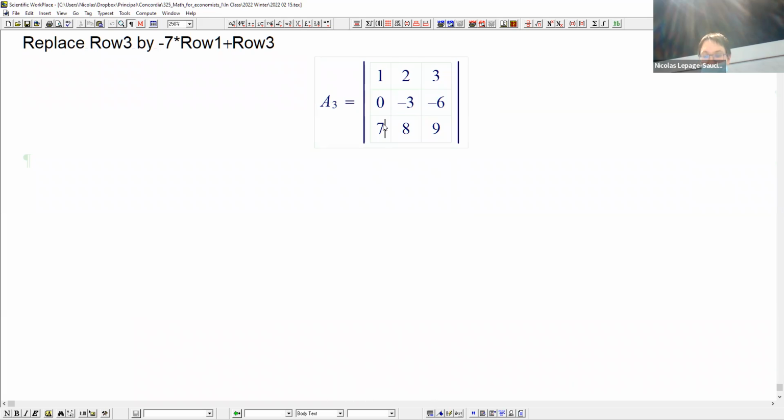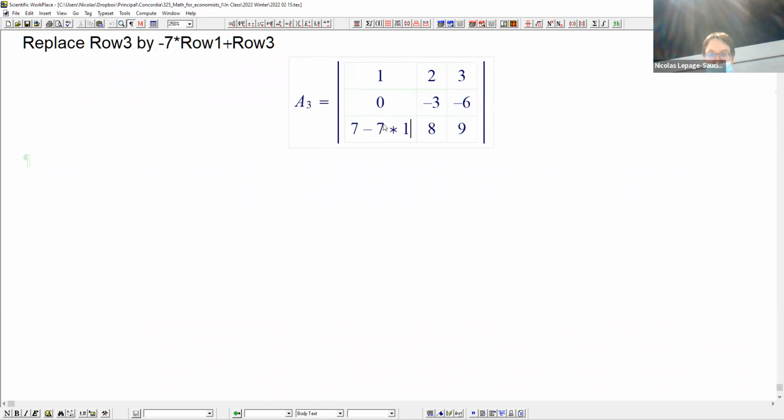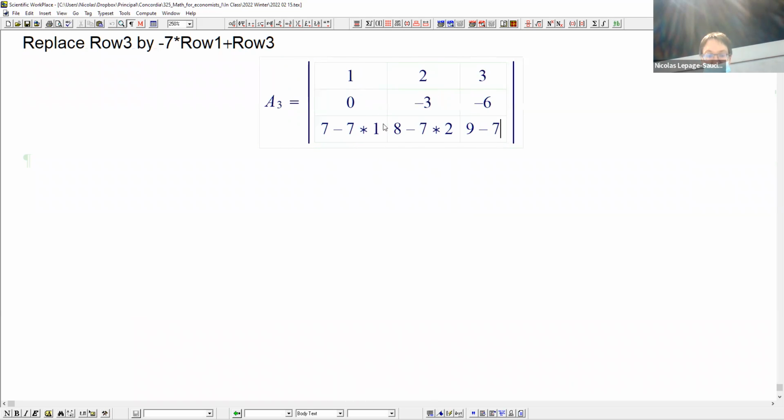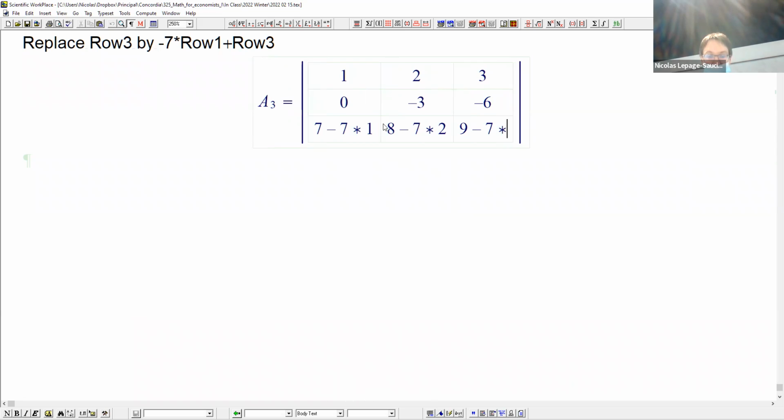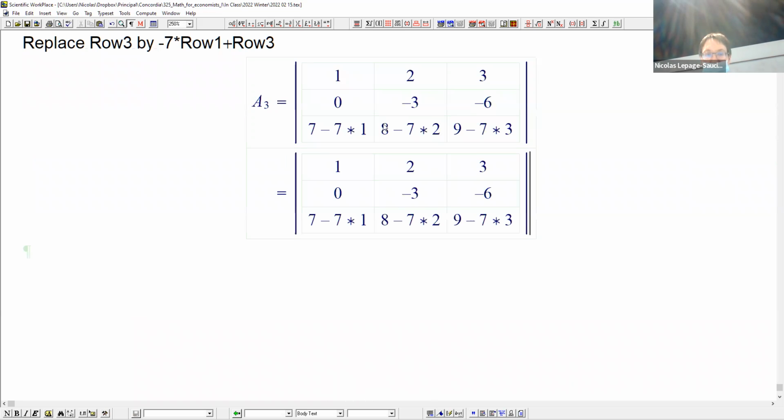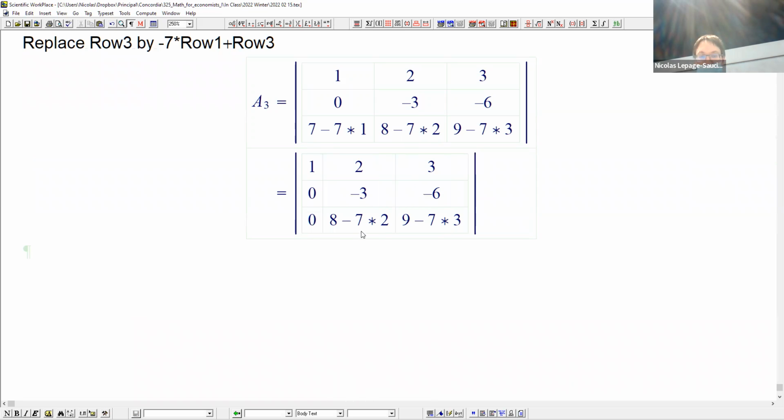So -7 times 1, -7 times 2, -7 times 3. So I get 7 minus 7, so that's 0, 14 minus 8, so -6, and then -21 plus 19, so I get -2. If I'm not mistaken, right? I gave you some time to copy that.